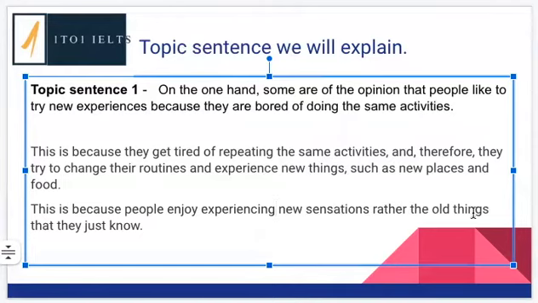And then we're trying to compare. Okay, so how can we compare the new sensations to the old things? What kind of language can we use here for a comparative? I can put one word in here, which will compare this slightly better.